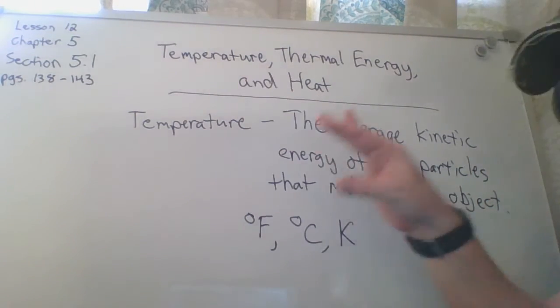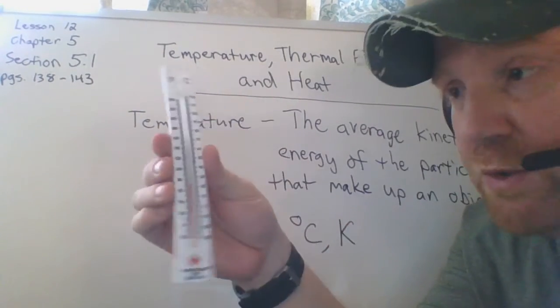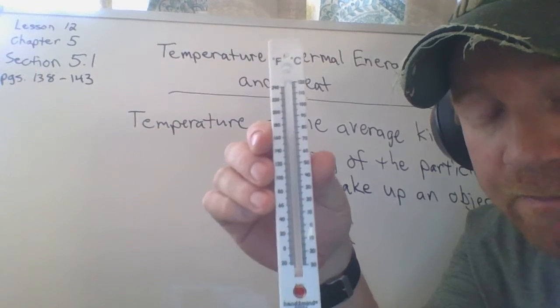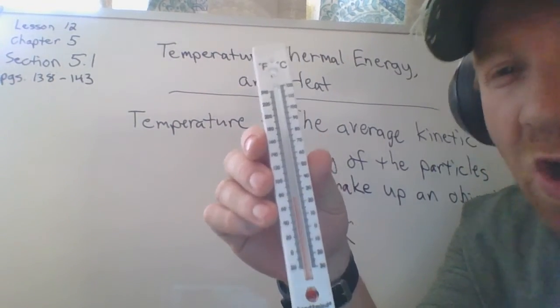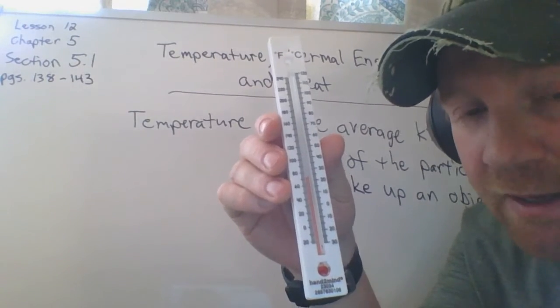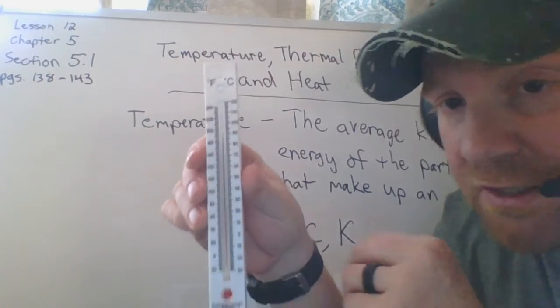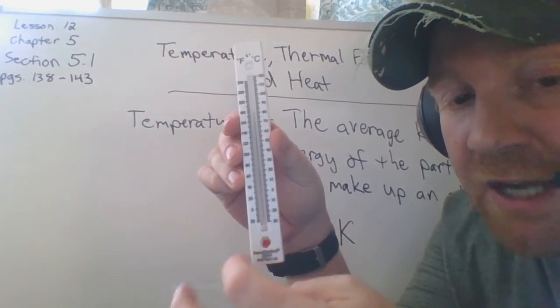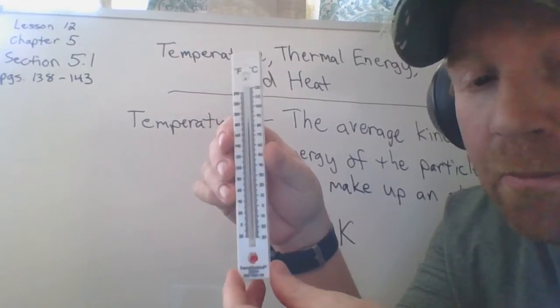Before I talk about the definition here, I'm going to use a prop and show you this thermometer. Why does the thermometer go up or down when it's hot or cold? What is really happening? If you think about it, it's all about particles. It's all about how little tiny particles of air, in this particular case, are moving.